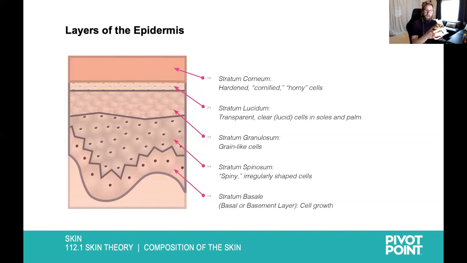The lucidum, which is clear, that's represented by the honey we put over. You can't even see it because it's clear. Again, only found on the palms and soles of the feet. And then we also have the stratum corneum, and that's our cornflakes, which all flakes off. So that is our model of the skin. A little bit of honey on the fingers, but stay tuned and you can watch me take a big bite of that right at the end.